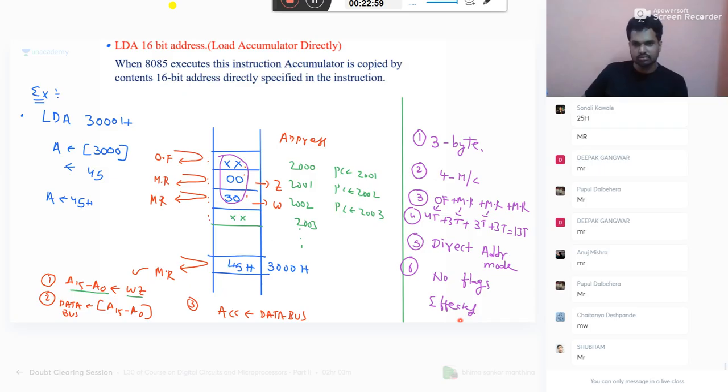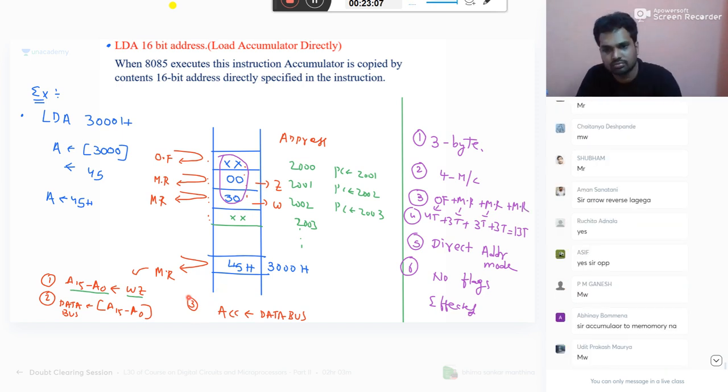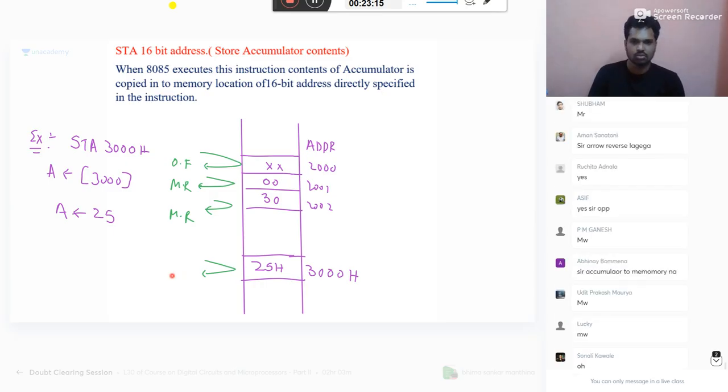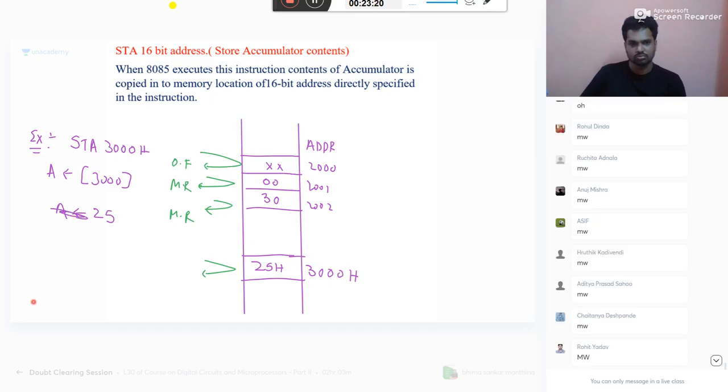Sorry, here it is memory write time. Wait. This is not memory read. What is this? Yeah, accumulator to memory. I'm sorry.